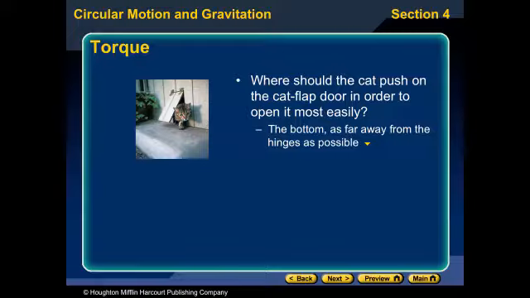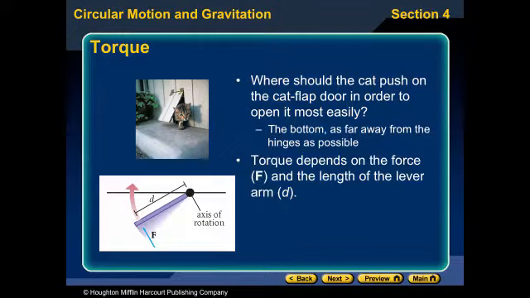So where should the cat push on the cat flap door in order to open it the most easily? As you know from experience, it's from the bottom, as far away from the hinges as possible, that would give you the easier open. Think about also if you're opening a door in the classroom or at your house, it's easier to open it and push on the farthest away from the hinges than really close to the hinges.